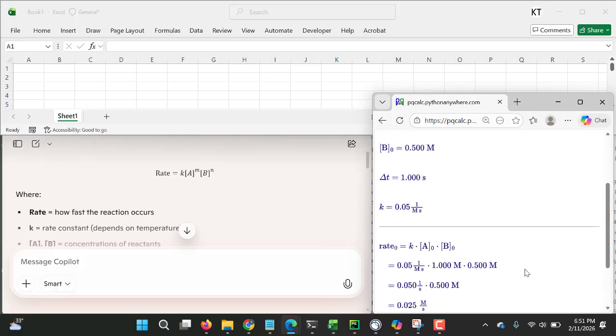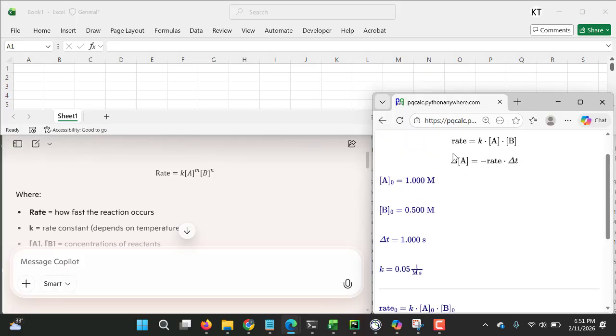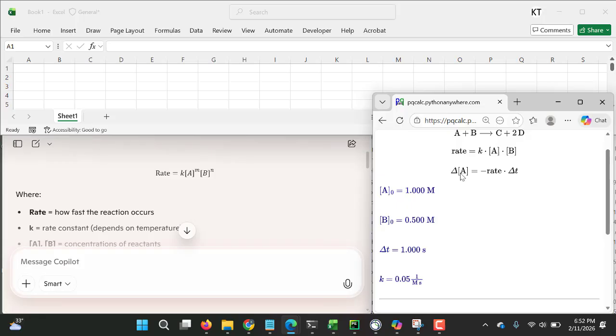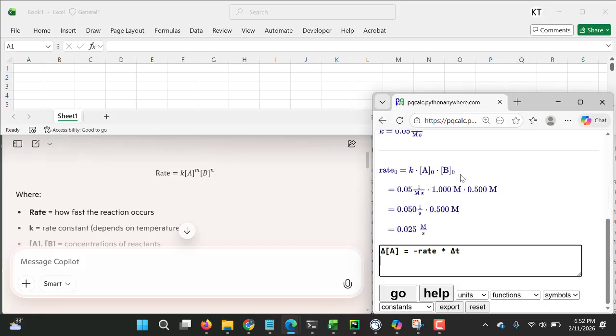And now if I want to know what happens after 1 second, I can use this other relationship that comes from the definition of the rate. So the rate is equal to the change in concentration divided by delta t times a small number, in this case -1, because our reaction has a 1 in front of it, and it's a reactant, so that's why it's negative. Anyway, I can be nice and lazy here again and just click on here, but I have to make sure I want to know at time 0, how much does the concentration change?